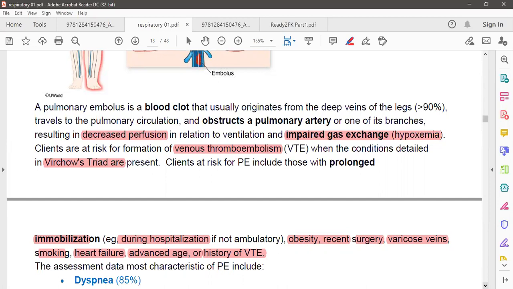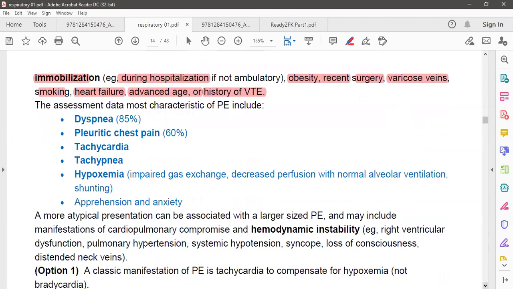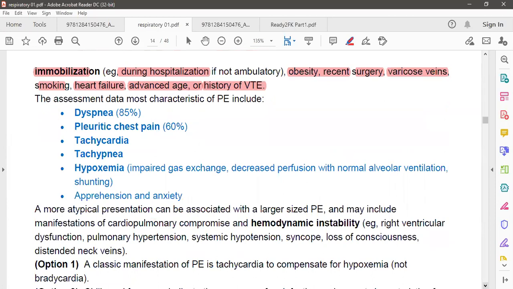In this note, it explains again the data, signs and symptoms of pulmonary embolism. 85% of patients have shortness of breath, which we call dyspnea. 60% of patients have chest pain, more accurately pleuritic chest pain or pleural friction rub.